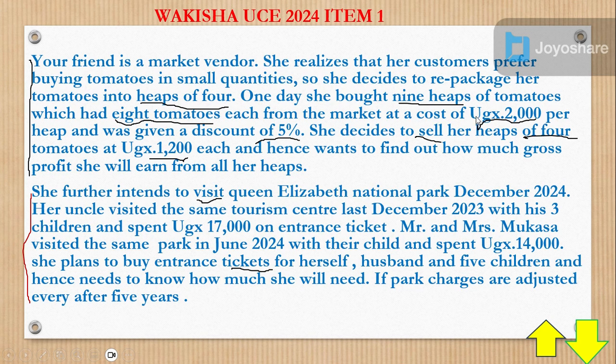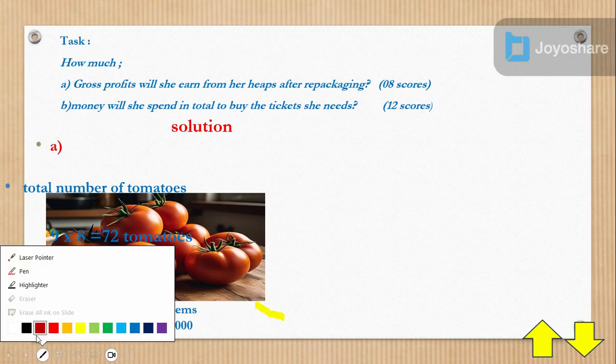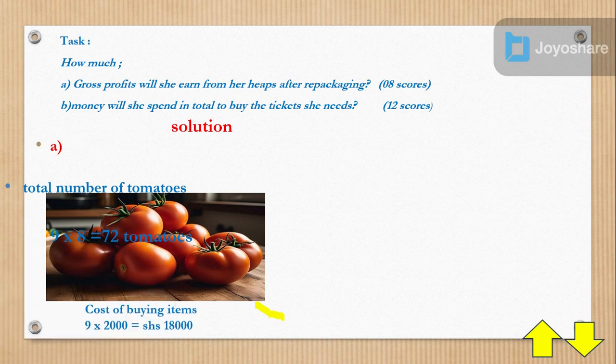So the buying price was 2,000 per heap. And now that means we have the 9 heaps times the 2,000, and that will give you 18,000 shillings. Okay, let's proceed.